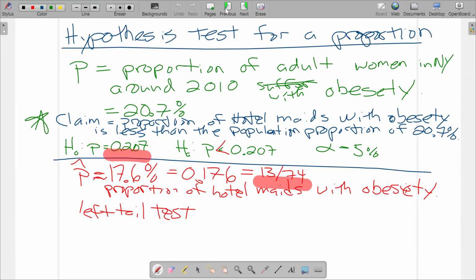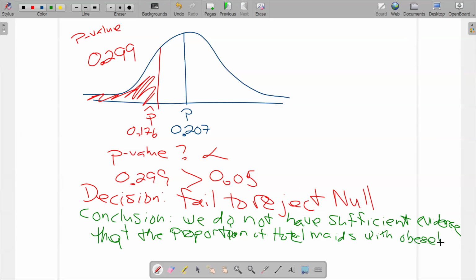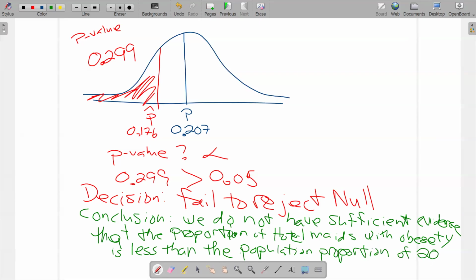Maybe read it again. Okay. Proportion of hotel maids with obesity less than the population proportion of, and I'm going to state it as a percentage, 20.7%.